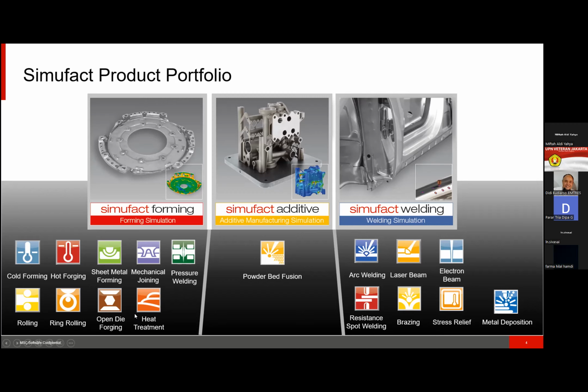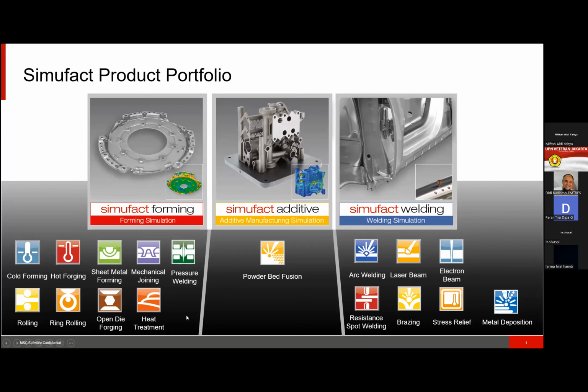So in one line, when you ask what SIMUFACT forming does, anything where there is a deformation involved, SIMUFACT will be able to simulate, and specifically metal, because we have another tool called DIGIMAT, which will take care of the composites, but SIMUFACT forming currently takes care only of metal-based manufacturing methods. So in all these things, what you see common is deformation.